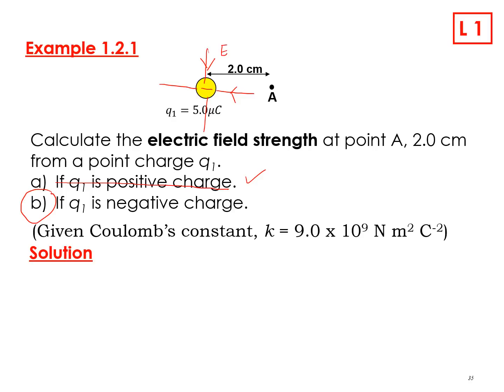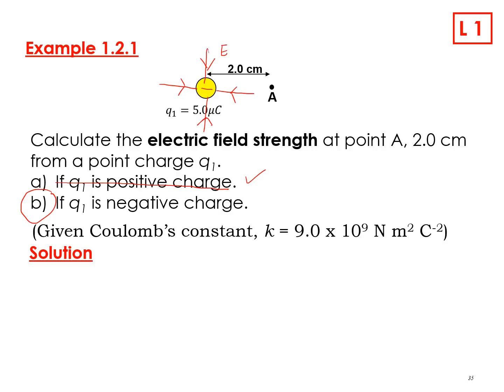This is the direction of E for the negative point charge, so inward. The direction of the electric field at point A depends on the point charge, not on point A itself. So this is the direction, inward.